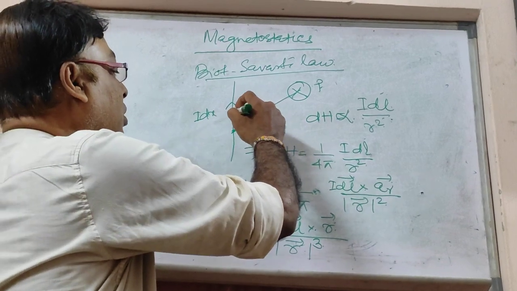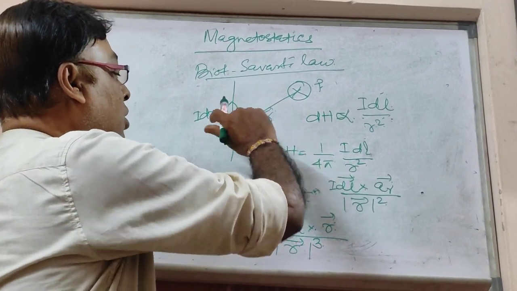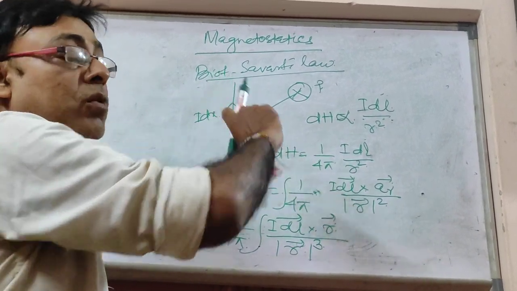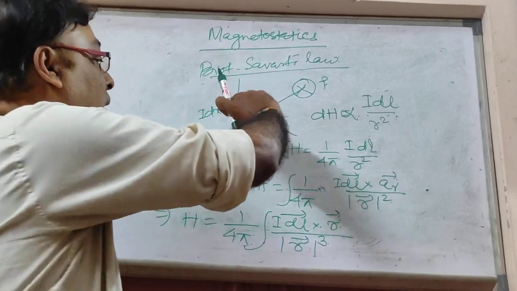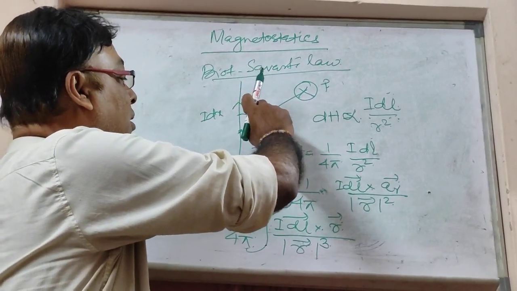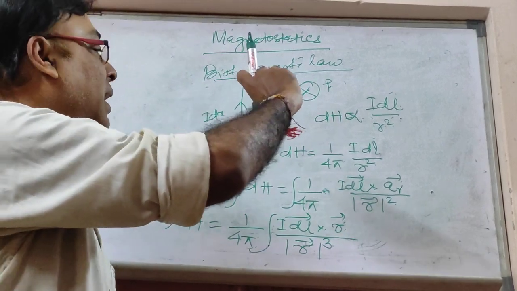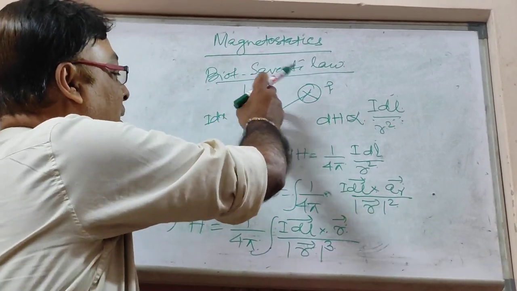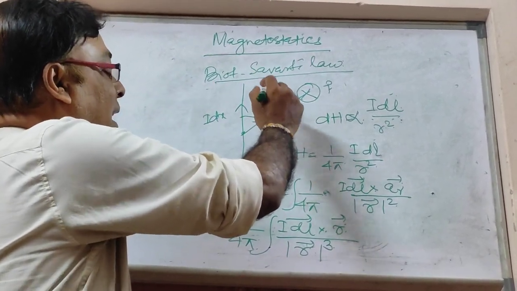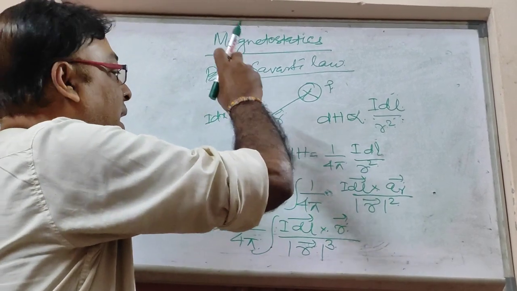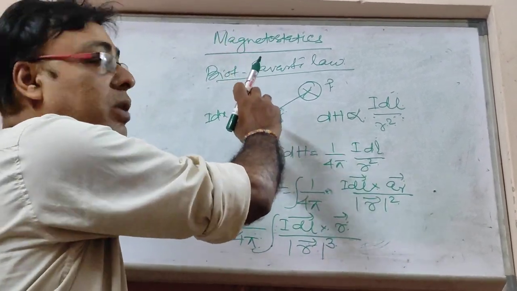And the direction will be given by the corkscrew rule. If you are moving the Idl current element in the direction of theta, the field will be inward to the paper, into the paper.